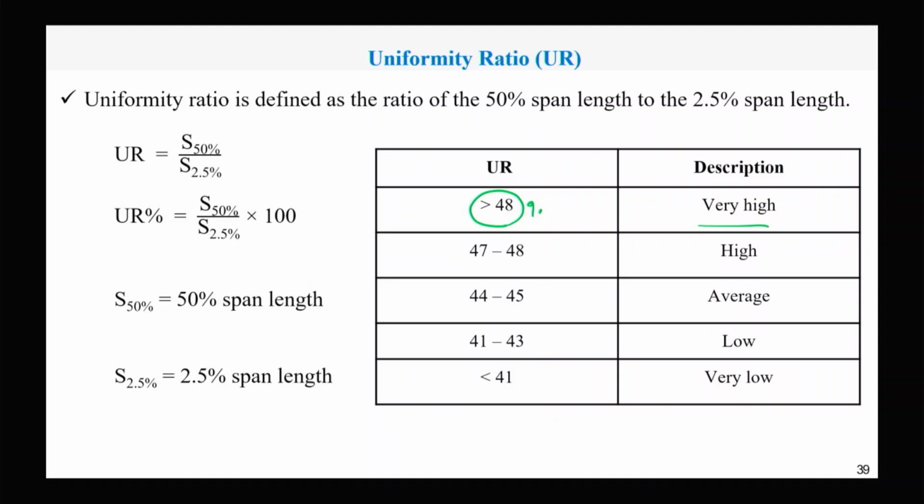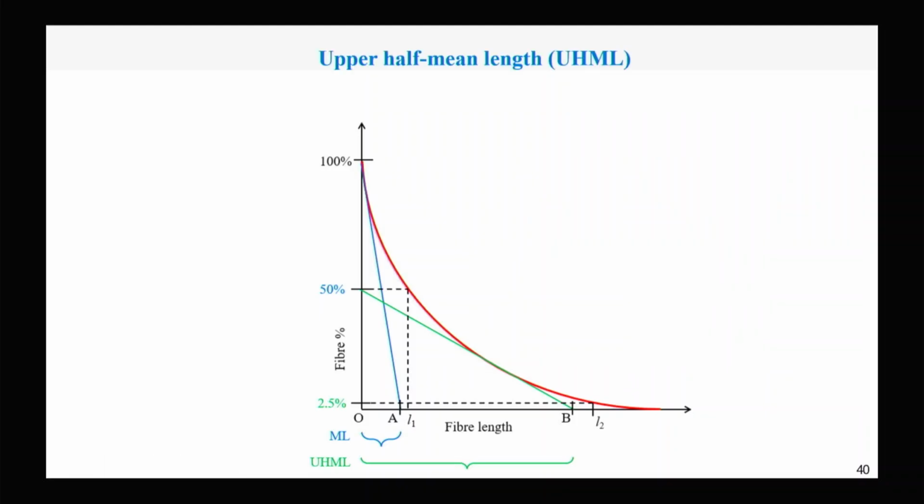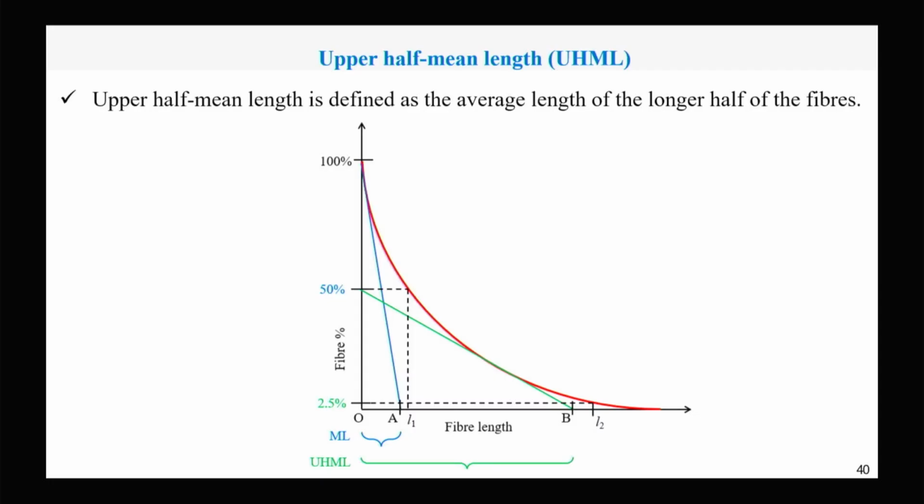So if you get 48%, that means the fiber is very good, and below 40 is very high variability, that means very low quality. And the upper half mean length, we have already discussed, is the average length of the longer half of the fibers.